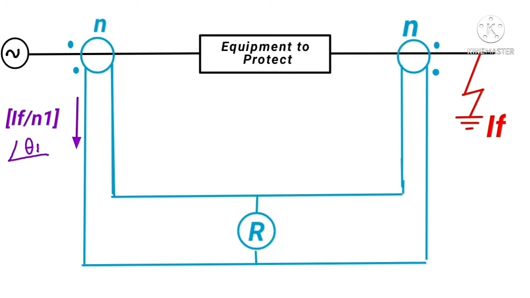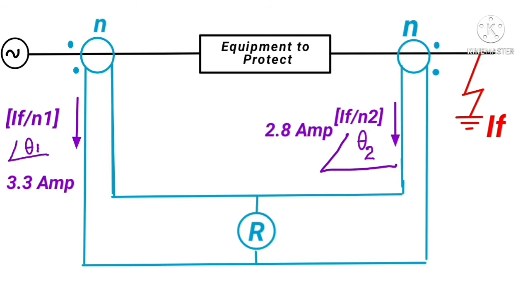In the first CT, the current is IF divided by N1, where N1 is the actual CT ratio including the ratio error. Similarly, for both CTs we have considered not only the magnitude difference but also the phase angle difference. For example, one CT reads 3.3 ampere and the second reads 2.8 ampere in terms of magnitude only; I have not taken the phase angle into account.